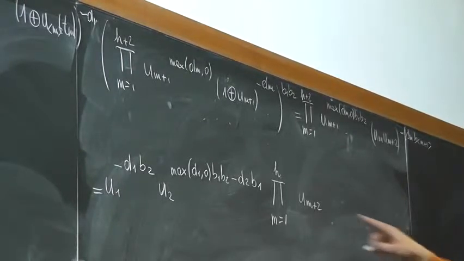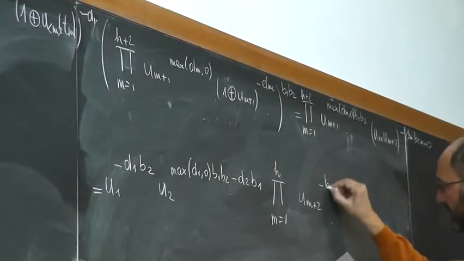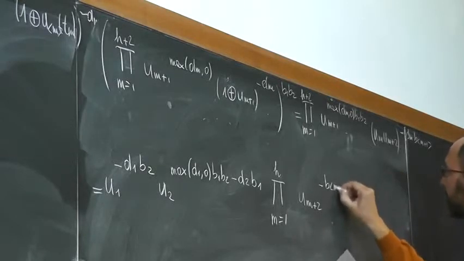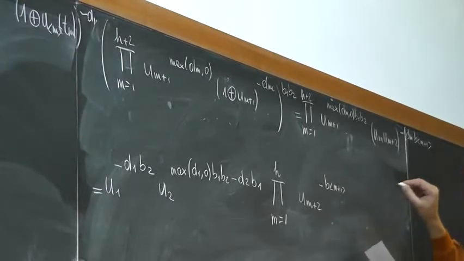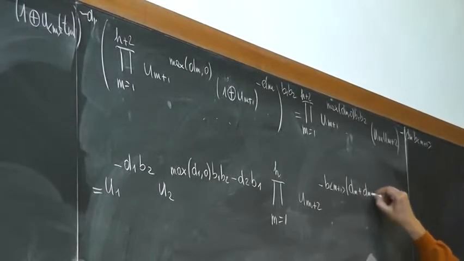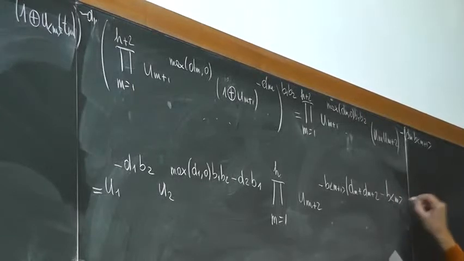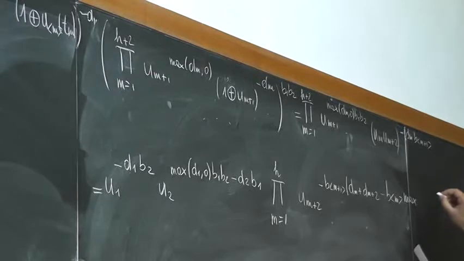So that the exponents un plus 2, I copy what I wrote on my notes. I hope this is correct. dn plus dn plus 2 minus dn maximum 0.